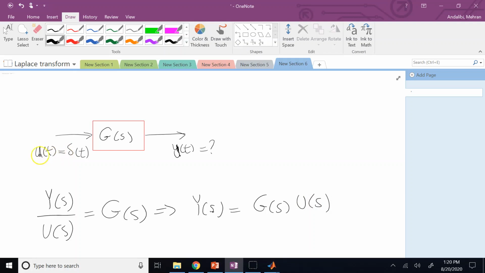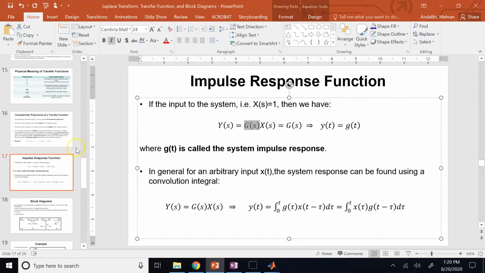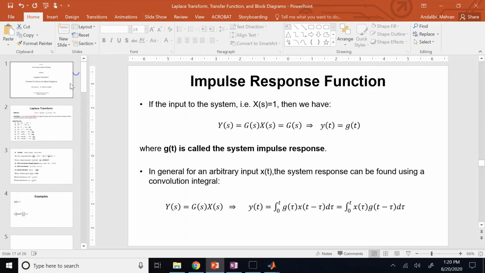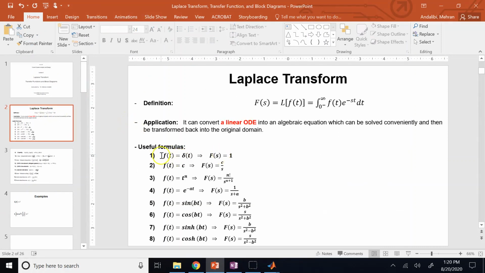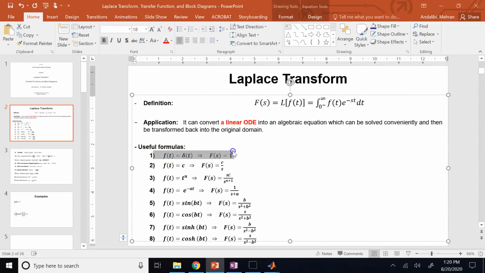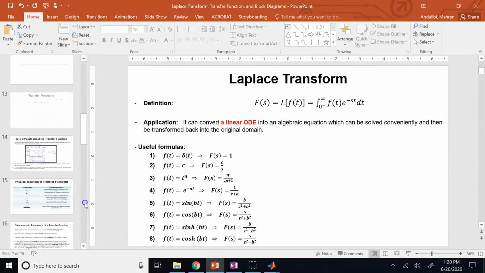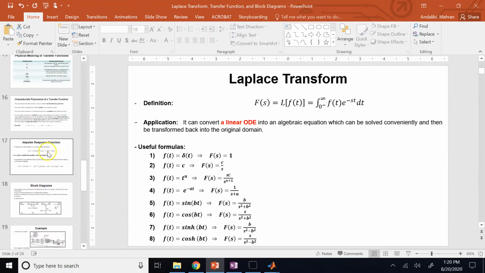But if you remember, what is the Laplace of delta of t? Yes, this is 1. Laplace of the delta function is 1, right? Just go back to your slides. That's the first property, right? The impulse function Laplace is 1.